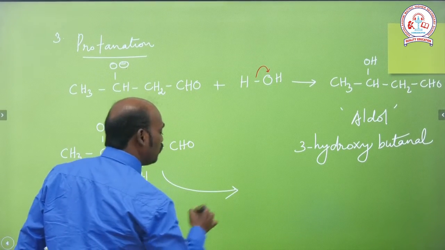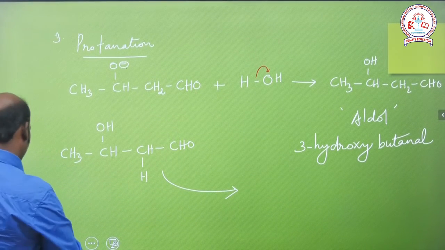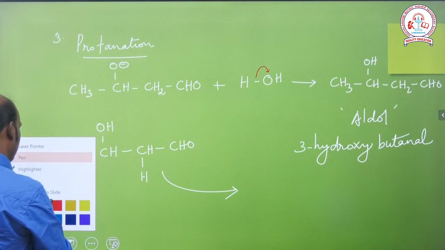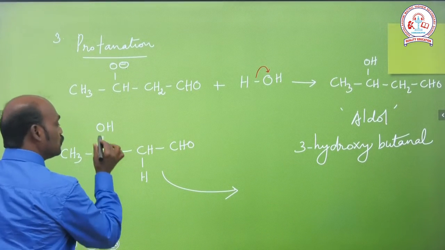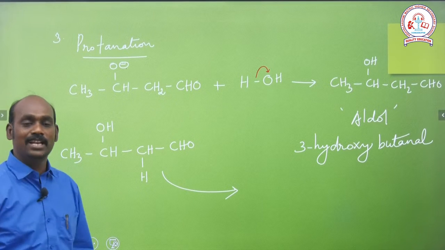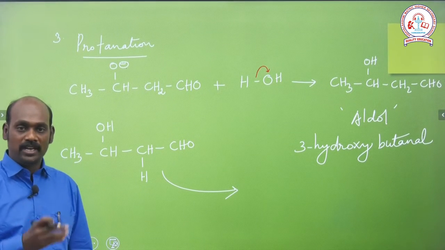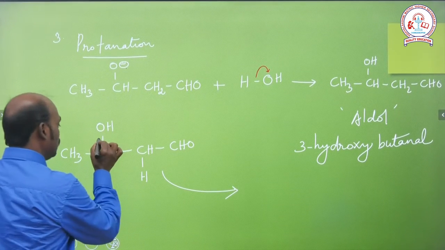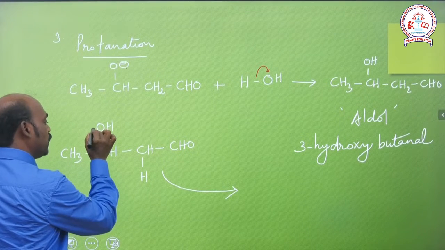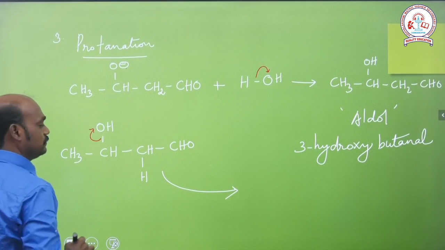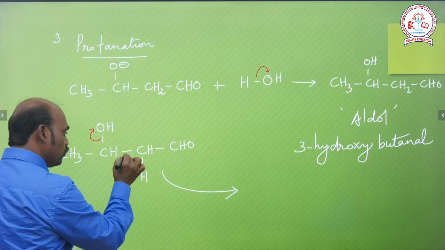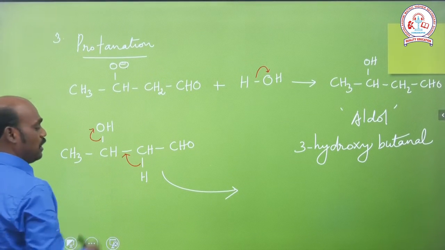So, it will undergo dehydration reaction. Already I told, oxygen is a highly electronegative element which attracts the bonded electron towards itself. So, these electrons are shifted to the oxygen atom. Then this bond shifted to between carbon and carbon.